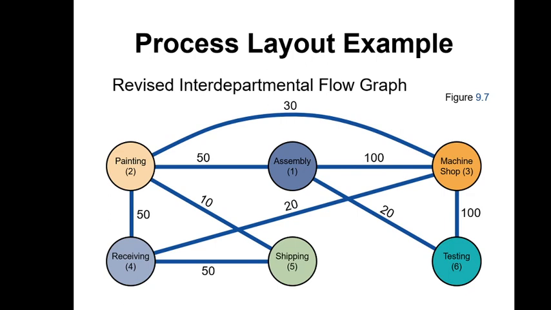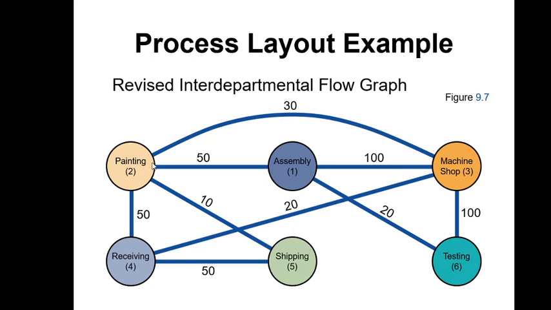A while ago in the first solution, this 100 loads was multiplied by 2, when the assembly was there. But now we multiply it by 1. Why? Because the assembly department and the machine department are now adjacent, so the cost per load is now only $1, not $2.